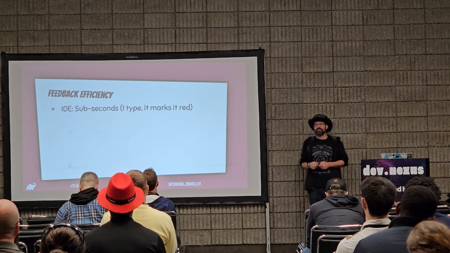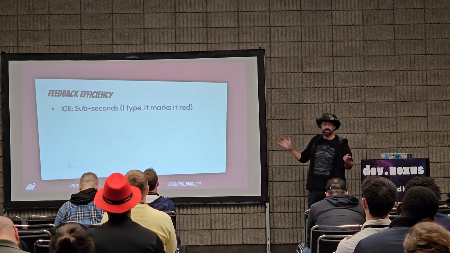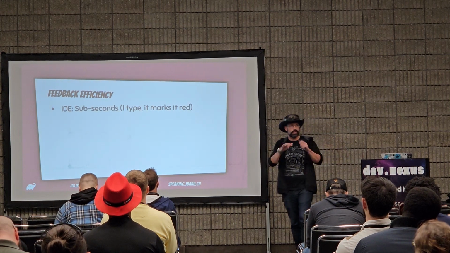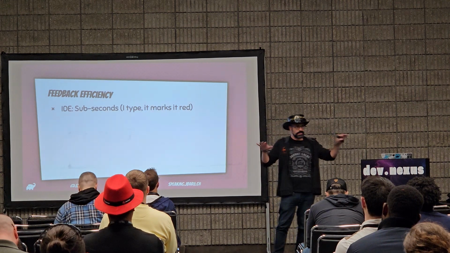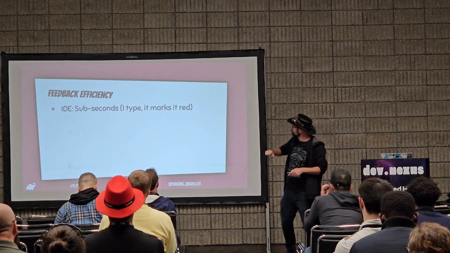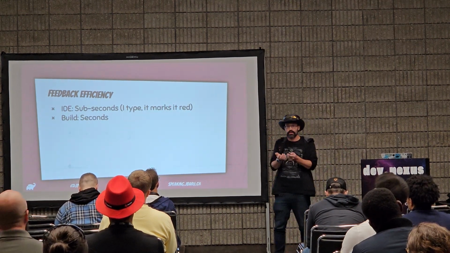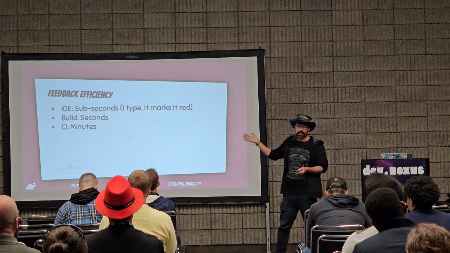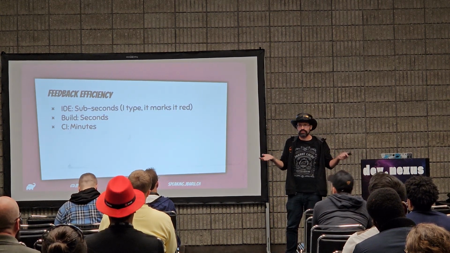We have an expectation of what feedback looks like. IDE, sub-seconds. We type something in IntelliJ or VS Code, whatever your thing is, and it highlights it red immediately. Sub-second feedback. Build, you expect it to be very fast. You sit there and you wait for it. CI, you already care less. You usually won't wait for CI to finish.